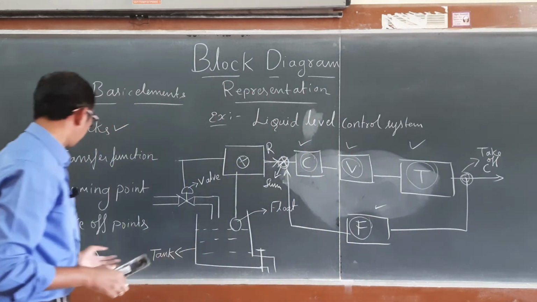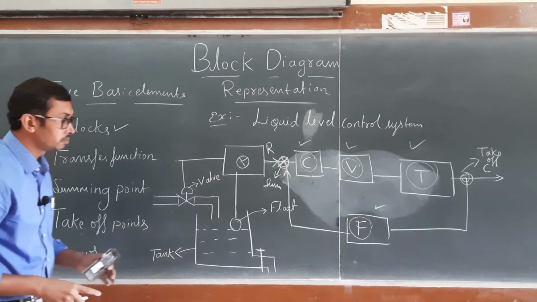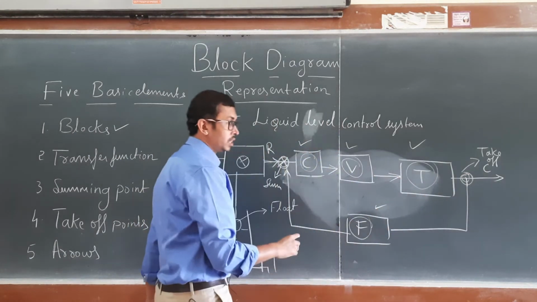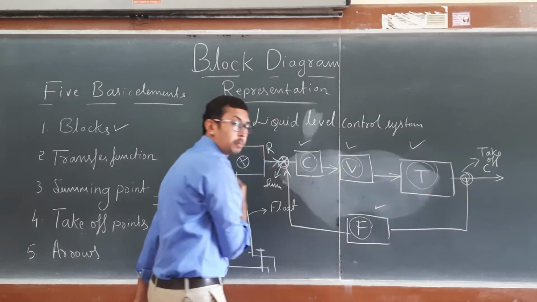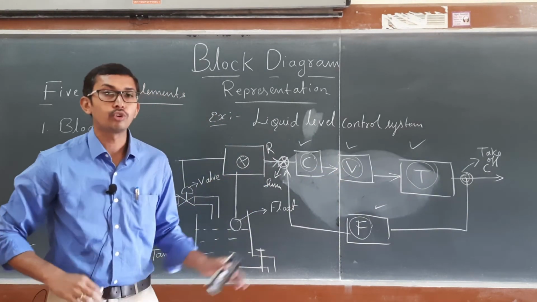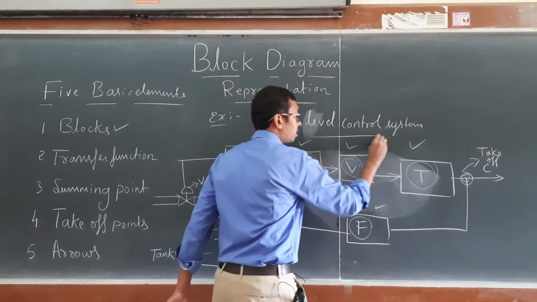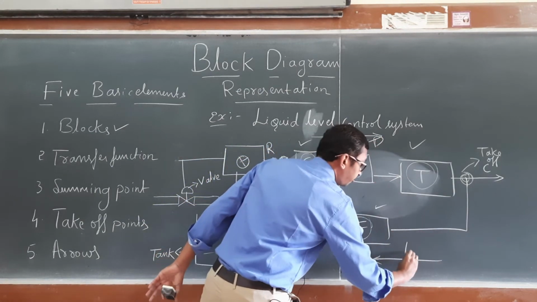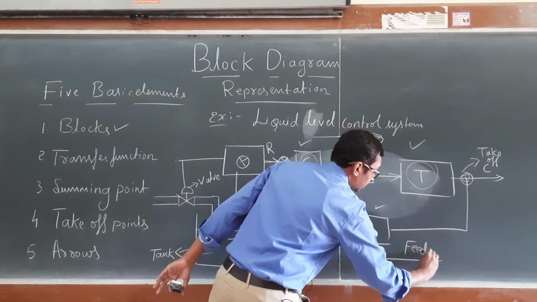So what is the meaning of arrows? Arrows indicate the direction of flow of signal. The signal can't come in the opposite direction. It represents the direction of flow of signal. So this is the forward path and this one is the feedback path.